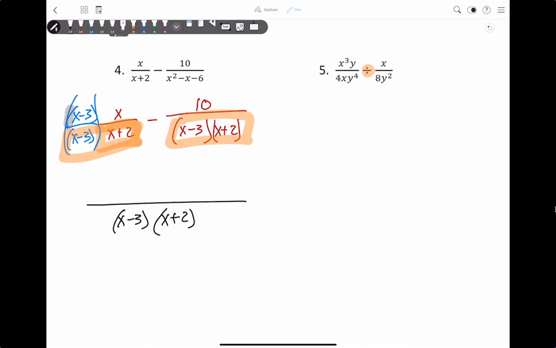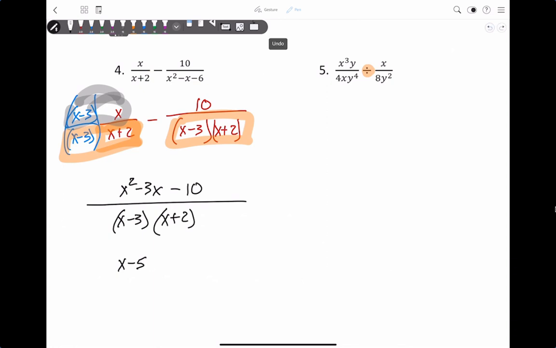Now we're going to simplify this out by distributing this x so that we get x squared minus 3x. And then it's going to be subtracting all of this numerator. Well, that's just subtracting 10. You don't have to distribute because there's just one term. So we're going to put minus 10. So we're going to factor again. You always want to factor as far as trying to see what can reduce or cancel.